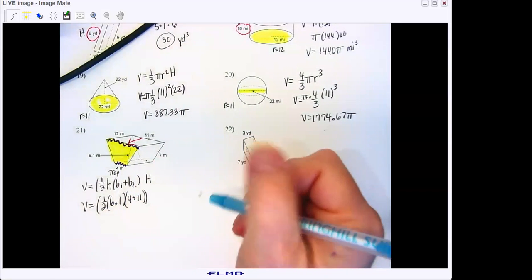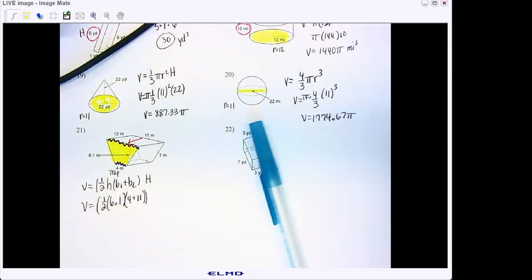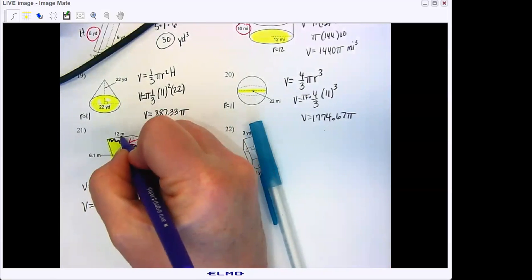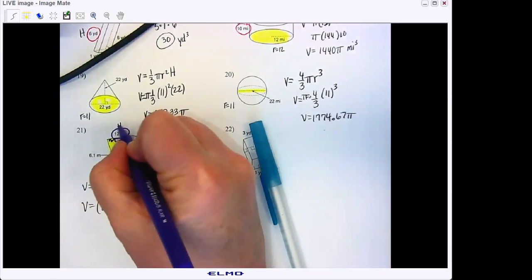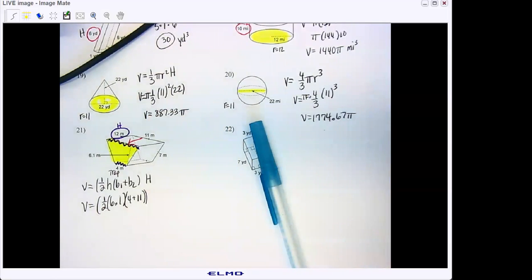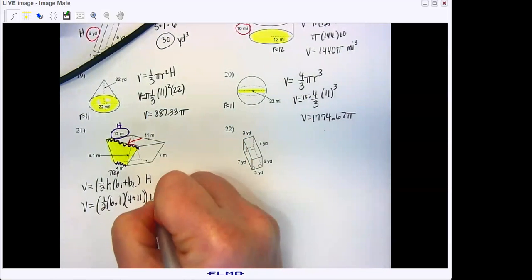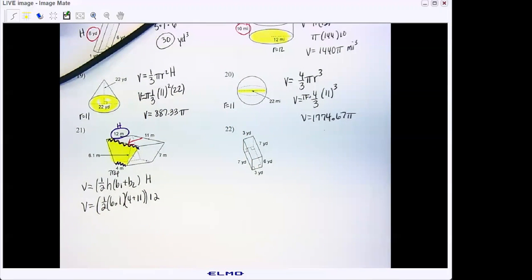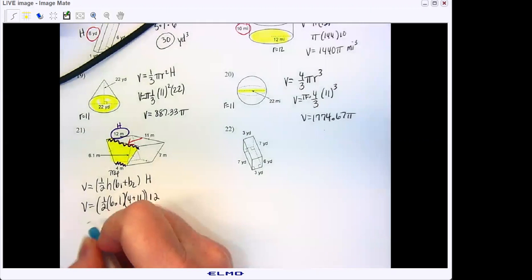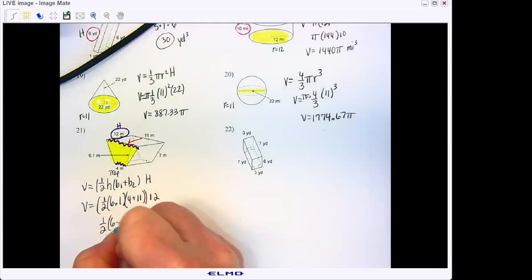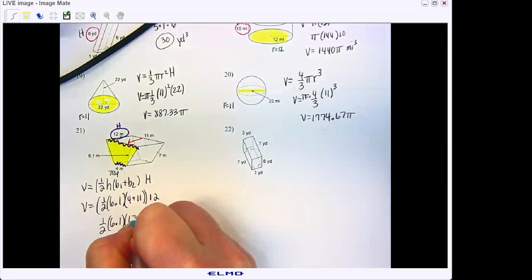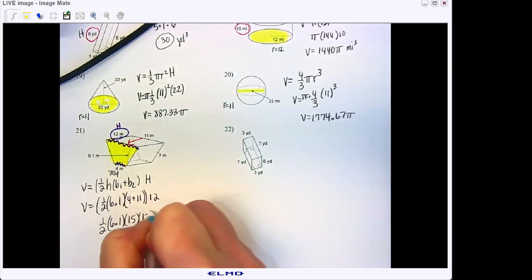And the height of my trapezoid, the one that connects them together, is 12. All we have to do is put this in a calculator. So we've got 1/2 times 6.1 times 15 times 12.